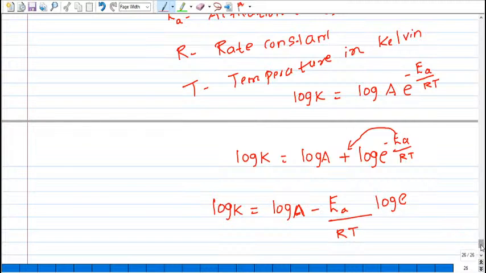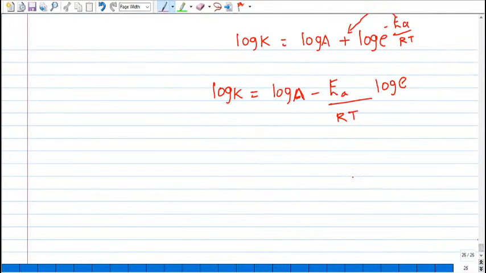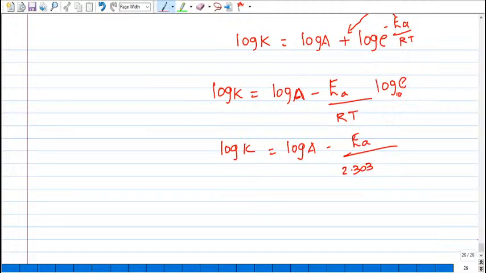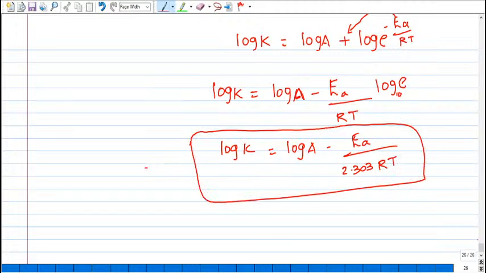Remember this. To convert log e into base 10, it is actually 10 here, so we can write the formula as minus Ea by 2.303, dividing here because we are converting log base 10 to log base e, by RT. So this is the formula we got. It's a very important one.